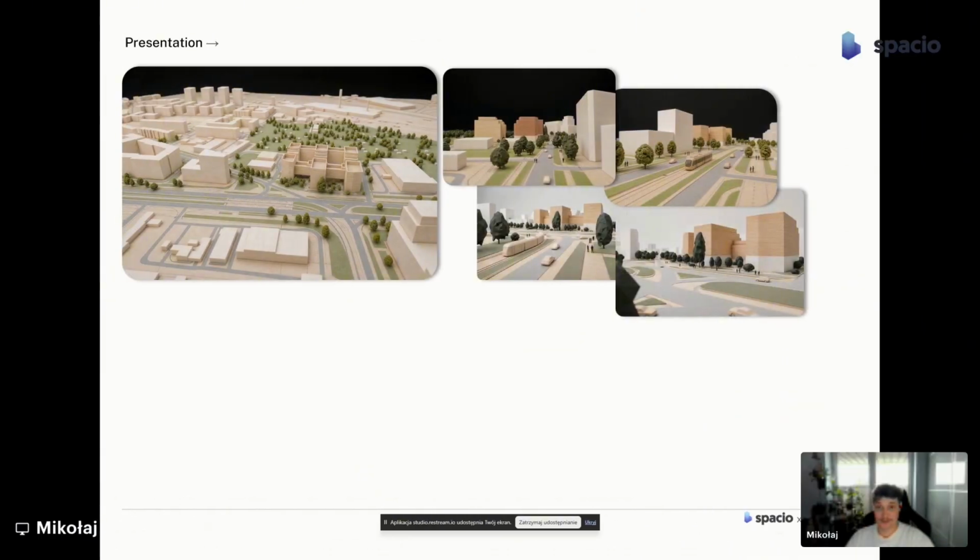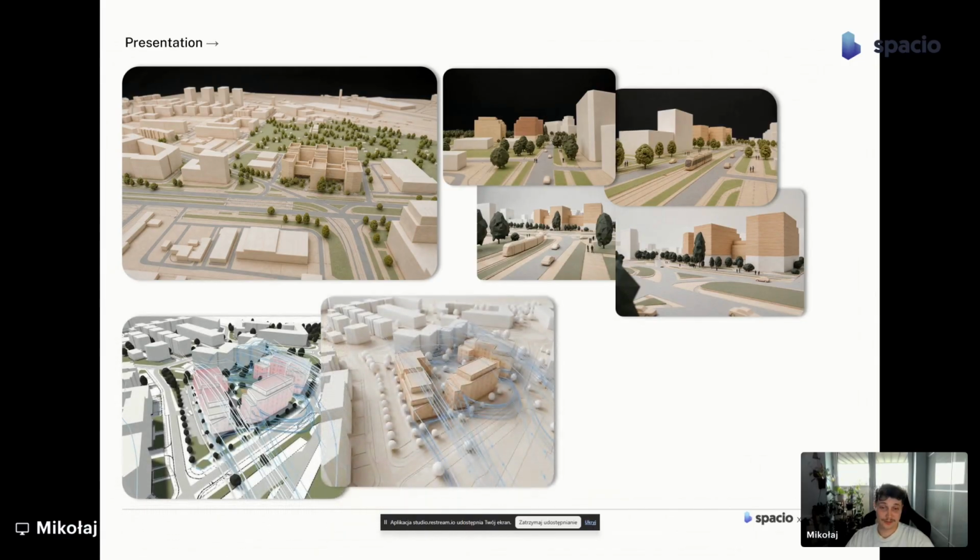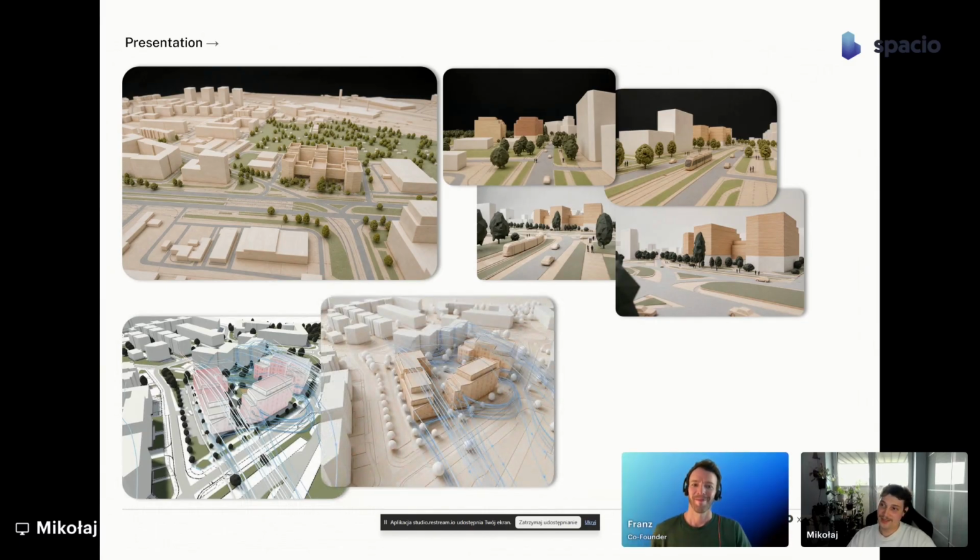We've also been talking a lot with the Spacio team about different possibilities and ways you can present. You can do maquette views, axonometric views, but you can also create perspectives of the maquettes. Franz also once asked if it was possible to apply the wind analysis tool to the maquette and to an AI generated image.